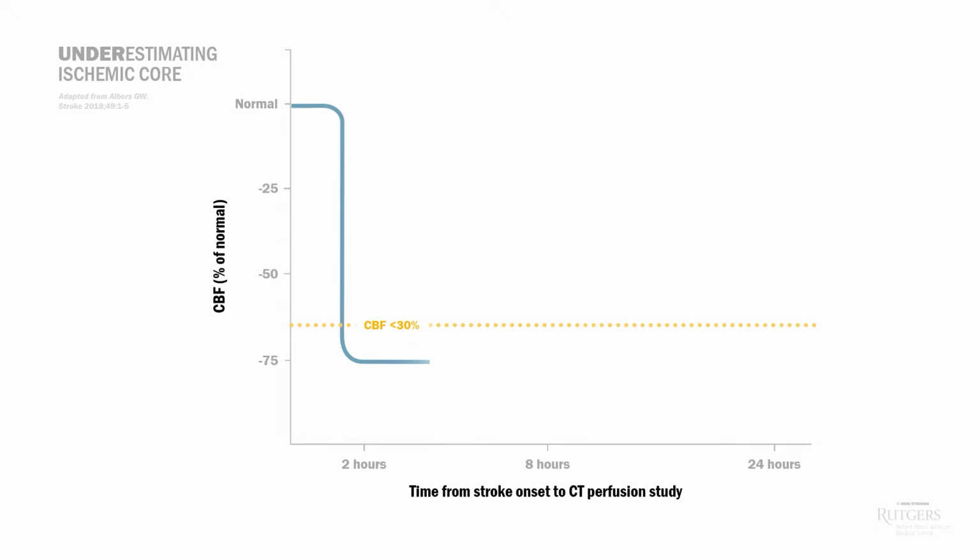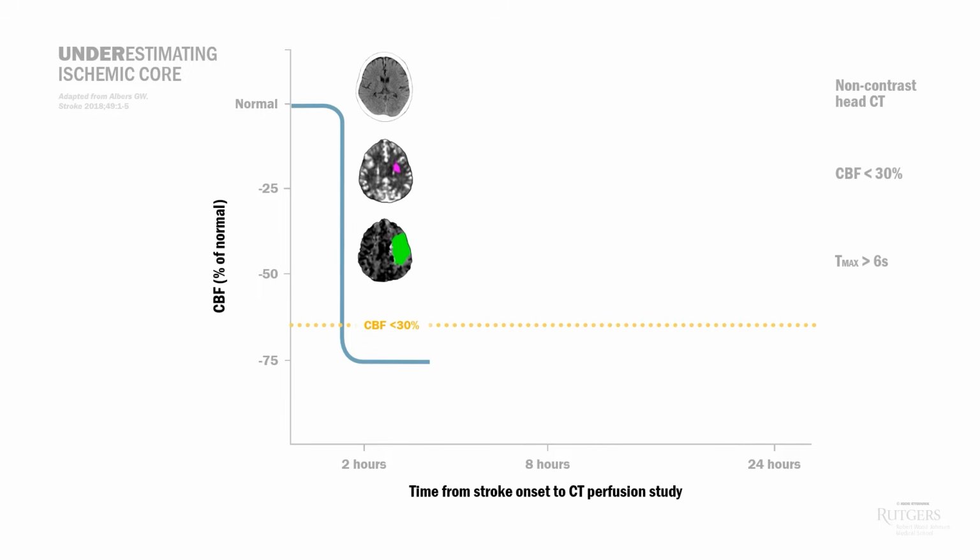At 2 hours after stroke onset, cerebral blood flow drops significantly, below 30% of normal. Non-contrast head CT is still normal, and CBF maps register a core infarction, in pink. As expected, Tmax map shows a sizable penumbra. By 8 hours, a hypodensity may now be visible on CT, corresponding to a larger core infarction on the CBF map.